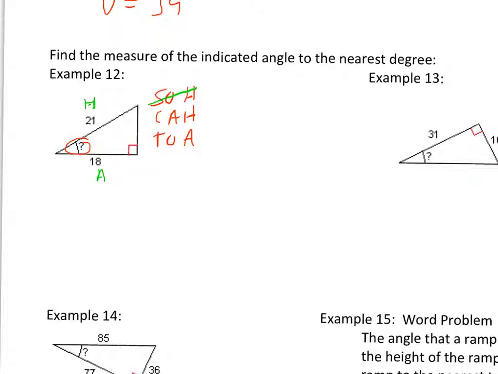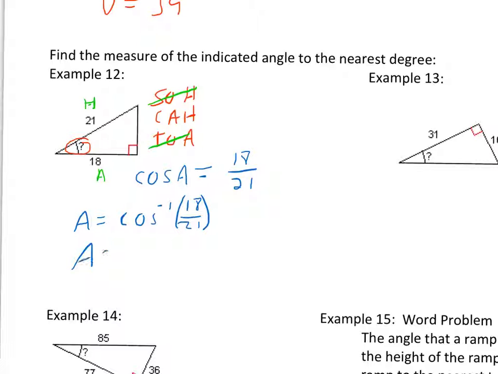It's not sine, it's not tangent. So we would set this one up by saying cosine of A, we usually use capital letters here, equals its ratio, adjacent over hypotenuse, which is 18 over 21. So A will equal cosine inverse, and you can just type in your calculator 18/21 in parentheses, and that should give you approximately 31 degrees.